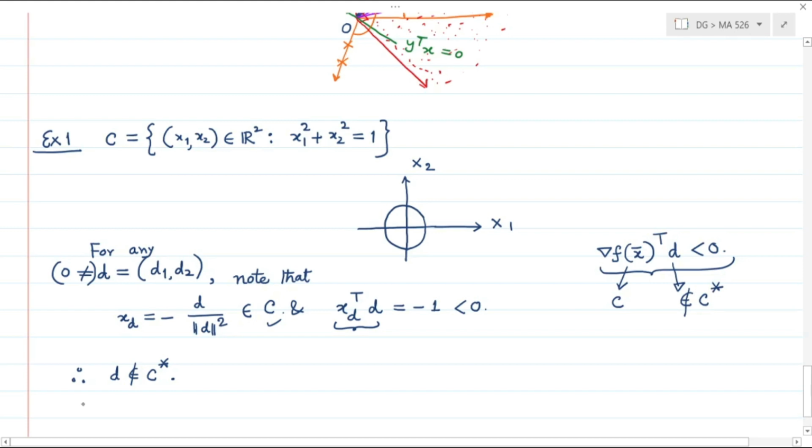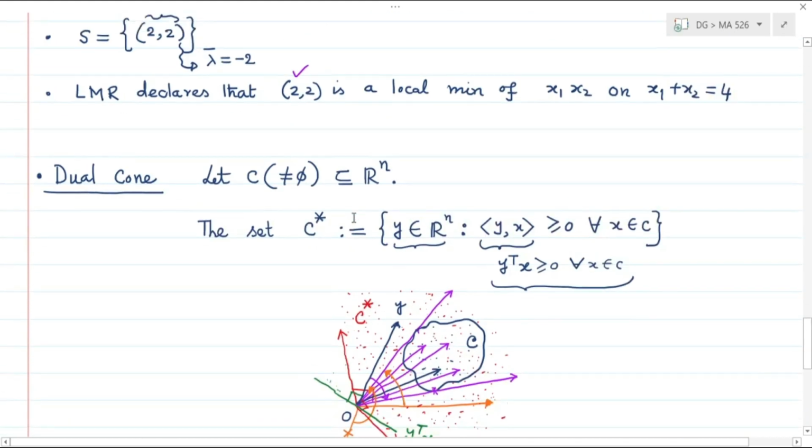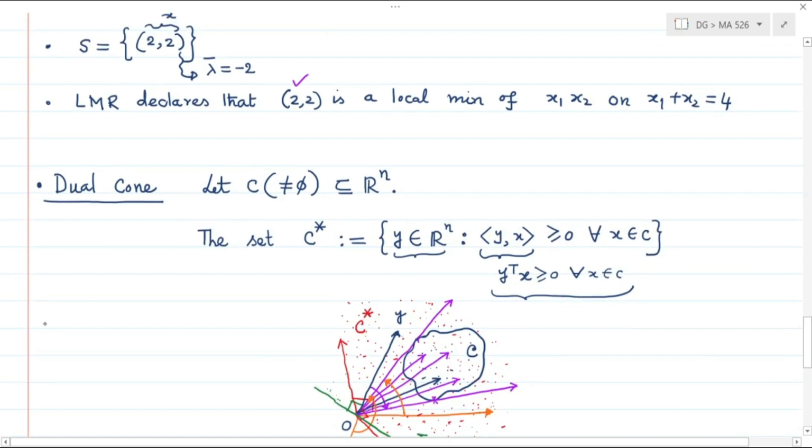By the definition of C star itself, the null vector, the origin, must belong to C star. Because if I take y equal to null, then the null vector times any vector x you take will be equal to 0, and obviously satisfies greater than or equal to 0.